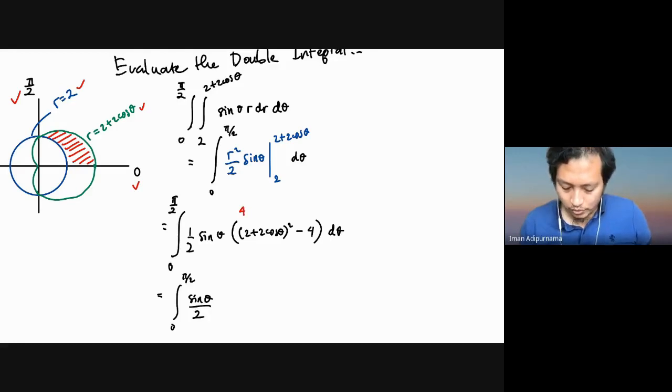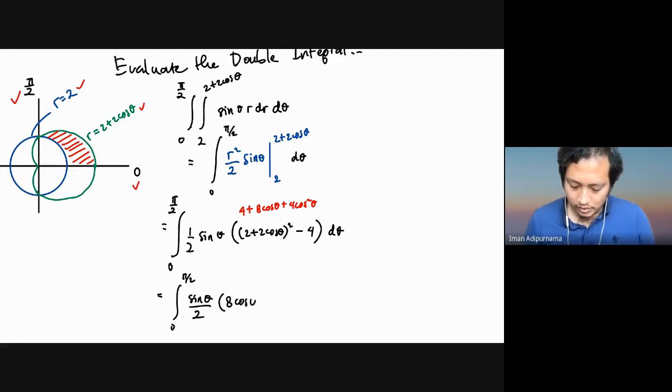This will be 4 plus 8 cos theta plus 4 cos squared theta. So I will directly write this 8 cos theta plus 4 cos squared theta and d theta.